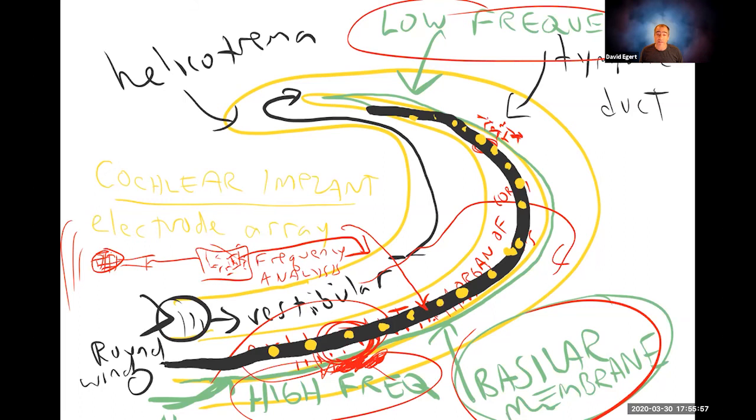If you get it after your auditory system is more developed, it's going to give you useful information, but it's not going to restore your hearing like it used to be. But that's all a cochlear implant is.